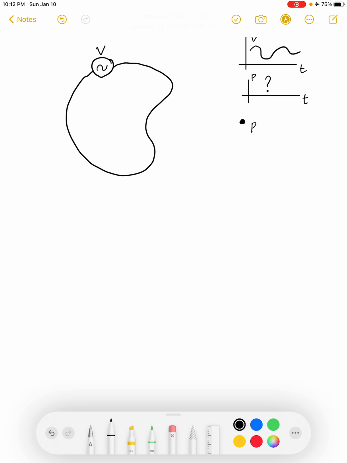So we have some voltage function over time, and we wish to find the power as a function of time at that point P. How can we go about doing this?